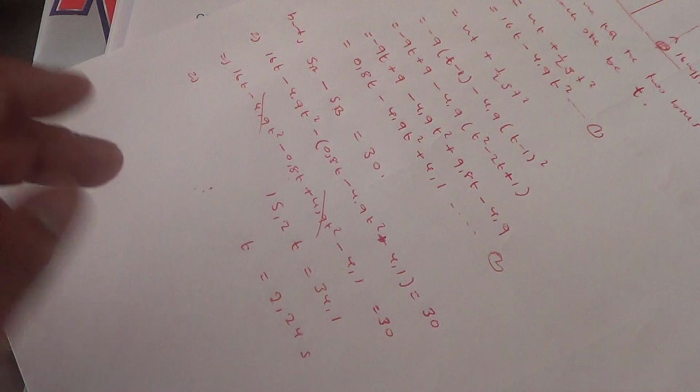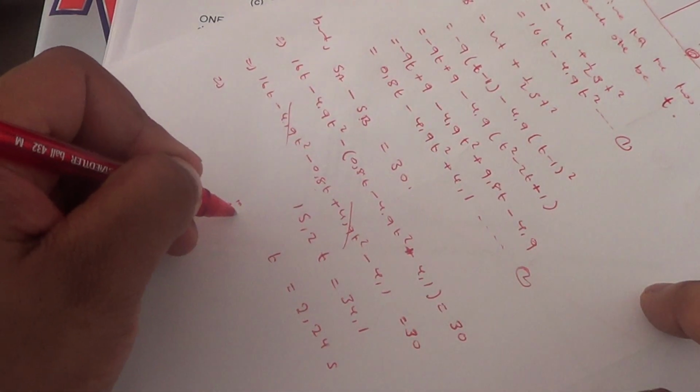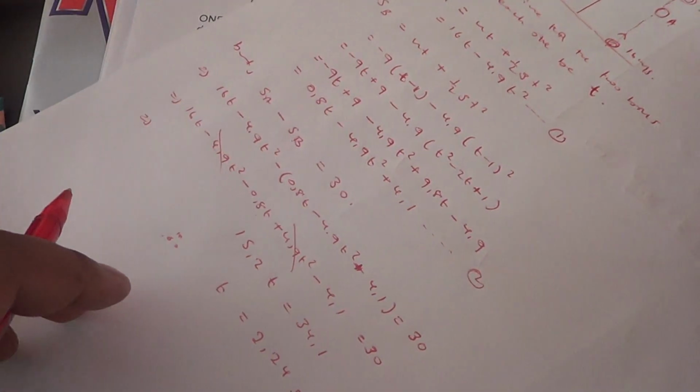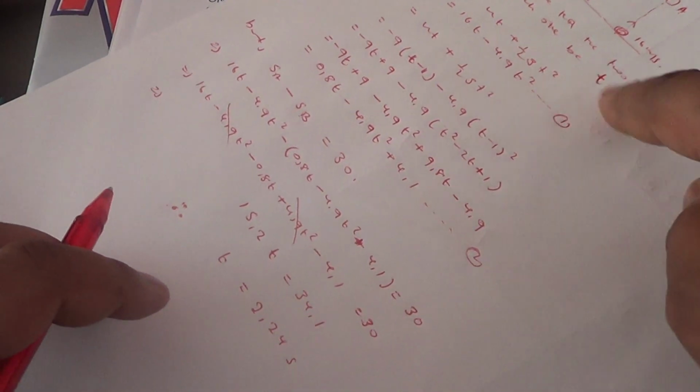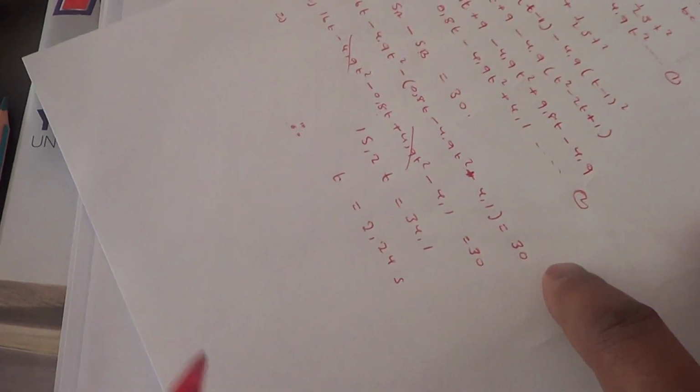But remember, this is not the answer. We know now, once we know the time, we can now put back the time in that equation, right? And we have solved the displacement story.